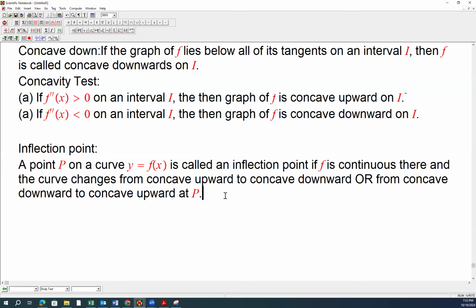In the most ideal world, where all these derivatives exist, upward is positive, downward is negative, so changing from positive to negative or negative to positive, it will pass 0. However, just like critical numbers are candidates for local max, local min, second order derivative equal to 0, those numbers are candidates for inflection points.